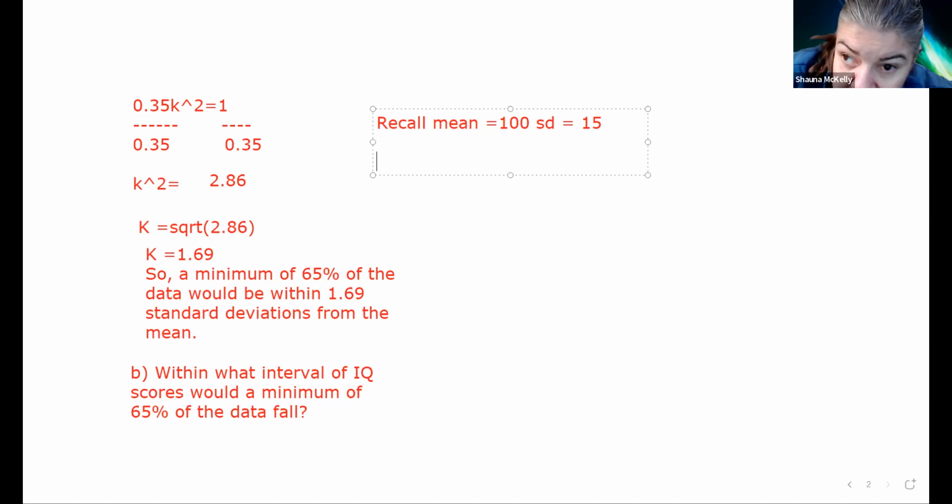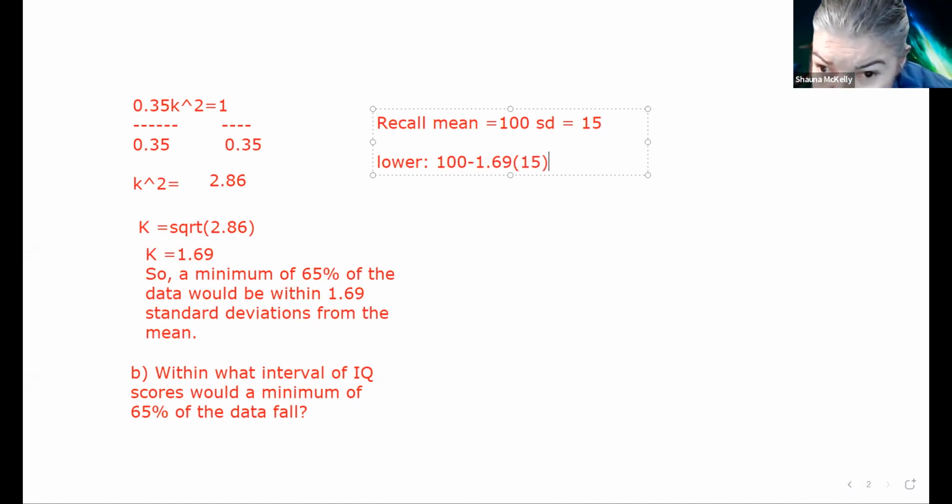So the lower limit, the lower part of my interval, would be 100, the mean, minus, because I'm below the mean, 1.69 times my standard deviation, which is 15.